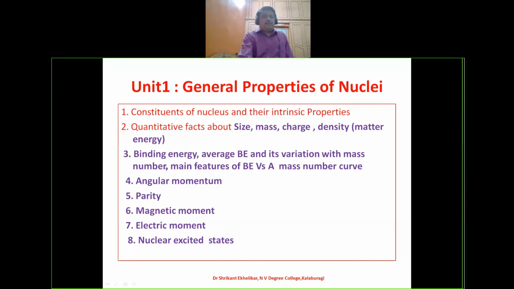Other properties include angular momentum of nucleus, parity, magnetic moment of nucleus, electric moment of nucleus, and lastly the nuclear excited states. All these will be discussed in the first unit, general properties of nucleus.